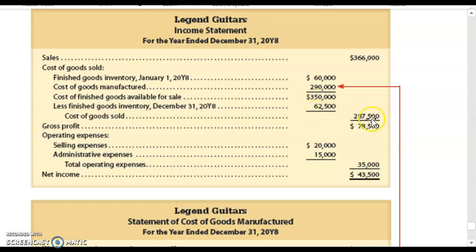Subtract out ending finished goods to get cost of goods sold. So that's where cost of goods sold comes from. And then the rest of it is pretty self-explanatory here. Remember, sales minus cost of goods sold will get you to gross profit.